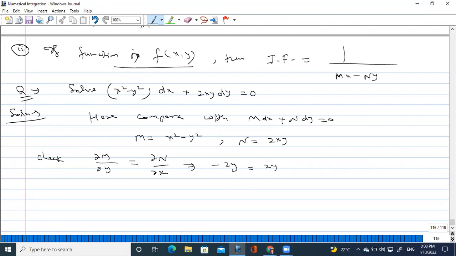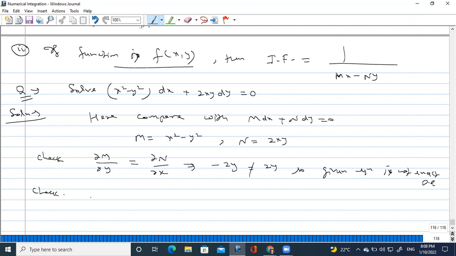So 2y is not equal to that. So the given equation is not an exact differential equation.